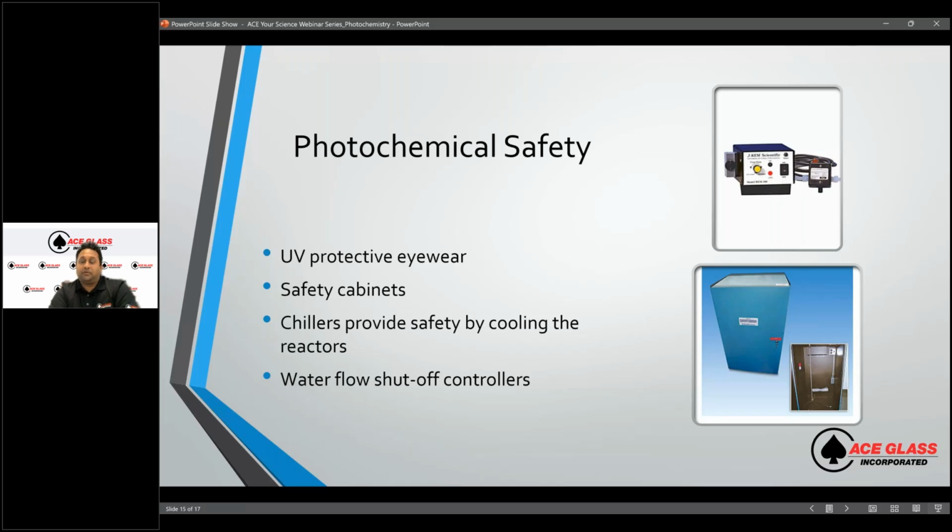So, ensure that you're using your UV protective eyewear, testing within safety cabinets that basically shield out all of the UV, using chillers to make sure that any energy that is introduced into the system is removed from the system as quickly as possible, and of course, a water flow shutoff controller so that in the event that the chiller isn't operating optimally, there is a shut off so there's no risk of extensive amounts of energy entering the system.